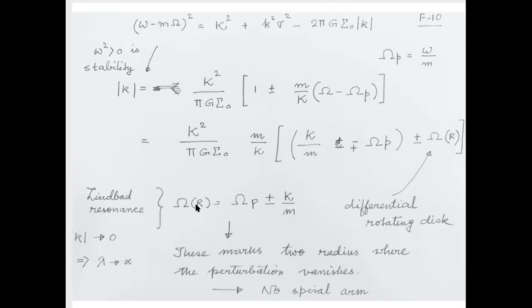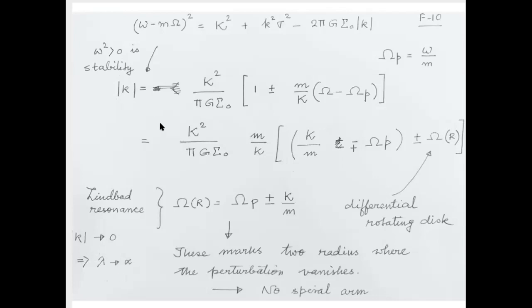There will be an r for which omega r equals omega p plus k by m, and another r for which omega r equals omega p minus k by m. These are two extreme radii where this part will be 0, which essentially means that k is 0.